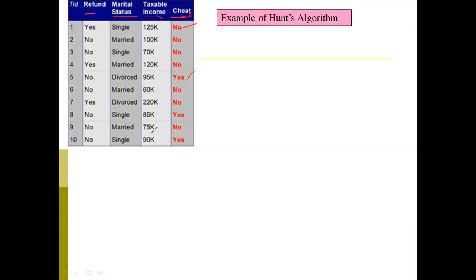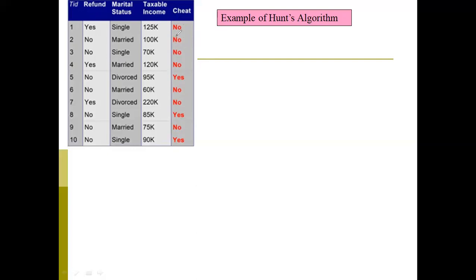First of all, we would calculate the class labels here. How many no's are there and how many yes's are there? In this table, a total of 7 no's are there under the cheat class.